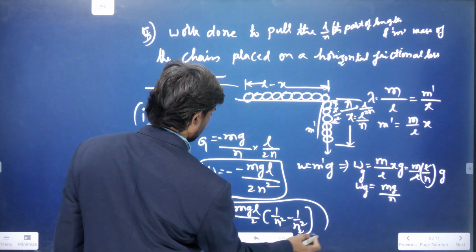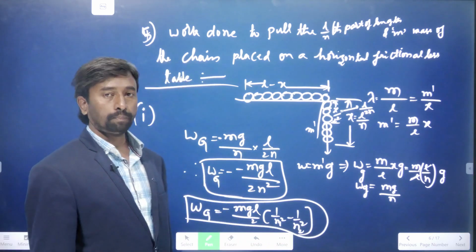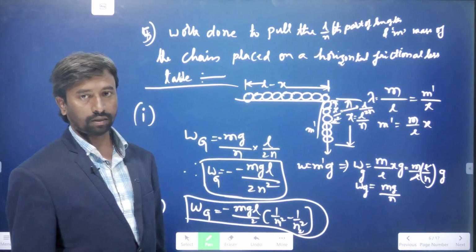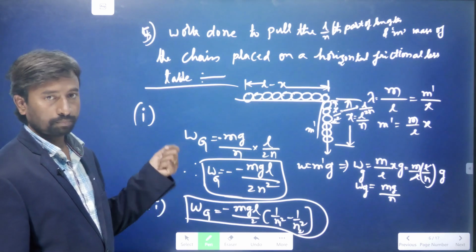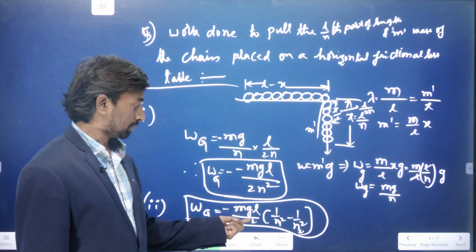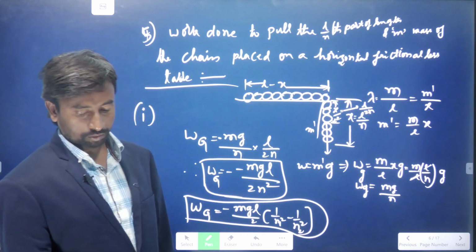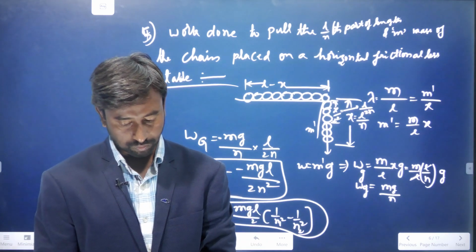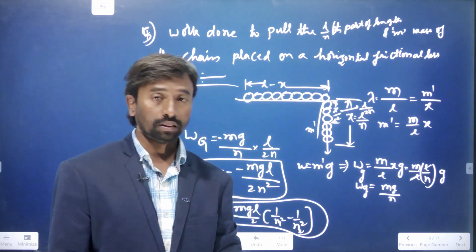It is the work done to pull not the complete hung part of the chain, but a certain length of the part onto the table. That is the formula: minus mgL by 2 into 1 by N1 square minus 1 by N2 square. Okay, that is the work done to lift the part of the chain.